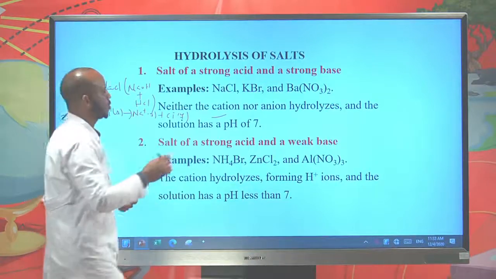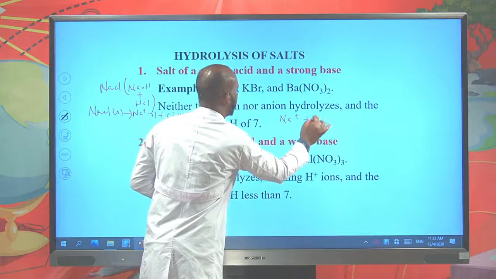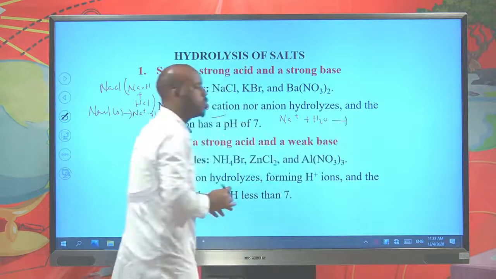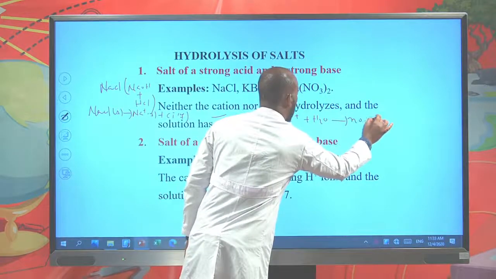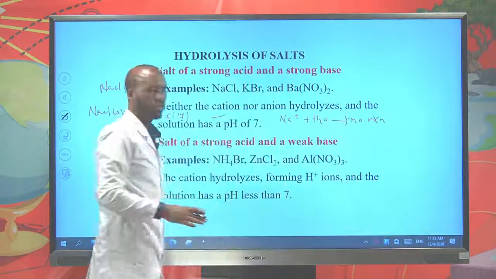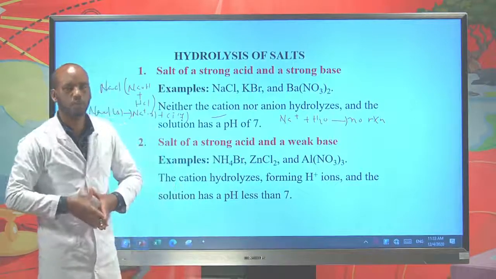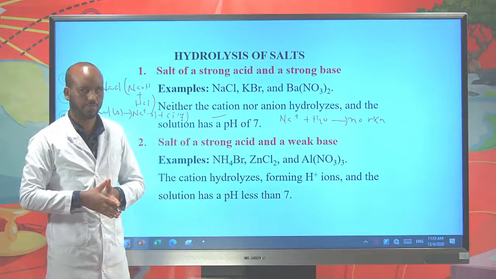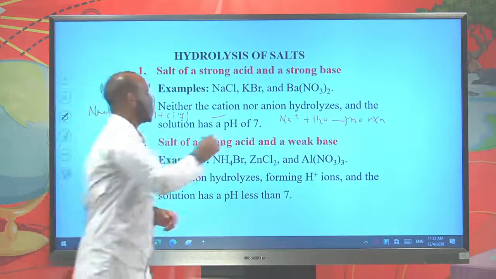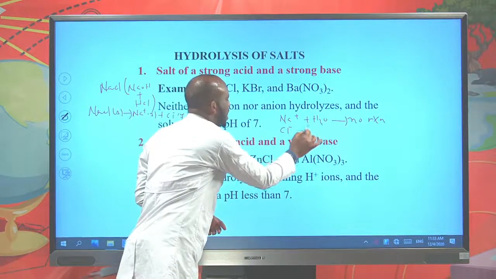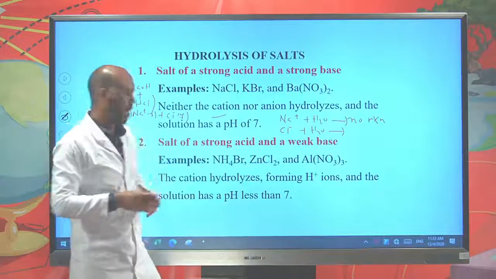Now Na plus plus water: no appreciable reaction, because cations of alkali metals and alkaline earth metals do not react with water. Cl minus plus water: again, there is no reaction.